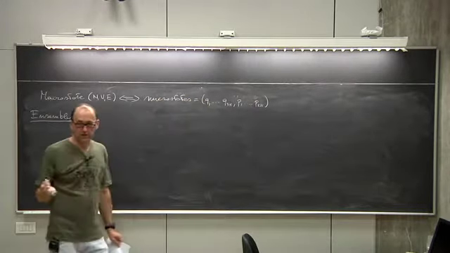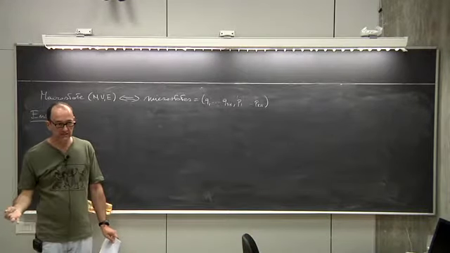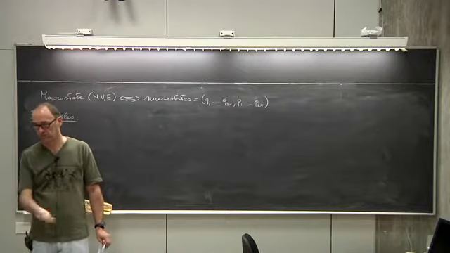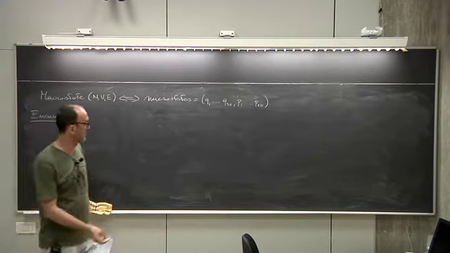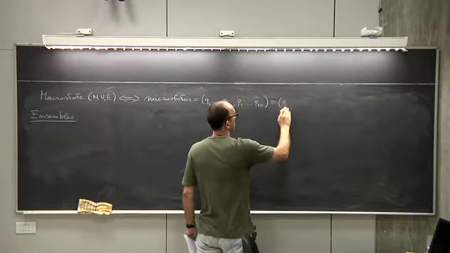There are 3 coordinates and 3 momenta for each particle, so there are 6N variables, 3N coordinates and 3N momenta, okay? And I will call these just Q and P for simplicity.